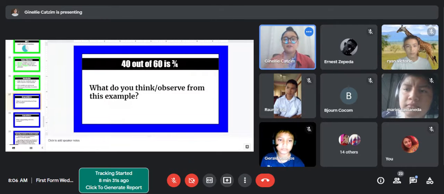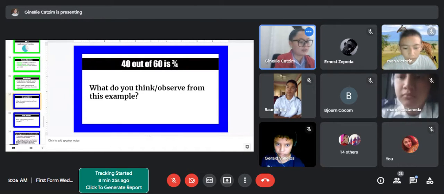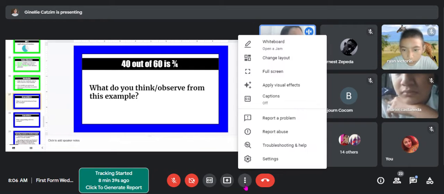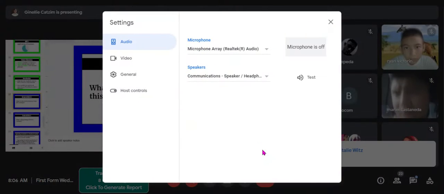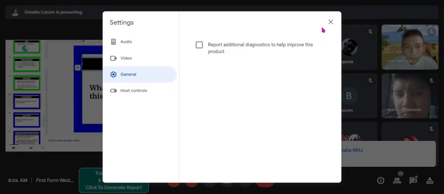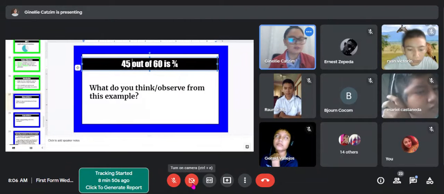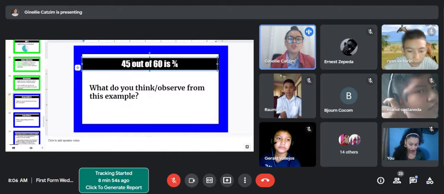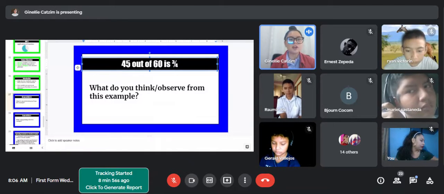In this case, 40 and 60 gives you 3/4. Let me take a look at it, if that is 40 or 45. I might have made a mistake. Yeah, this is 45. I just recalled. I'm sorry about this. Okay, so let me hear what you think. What do you observe? Just tell me, what do you observe?